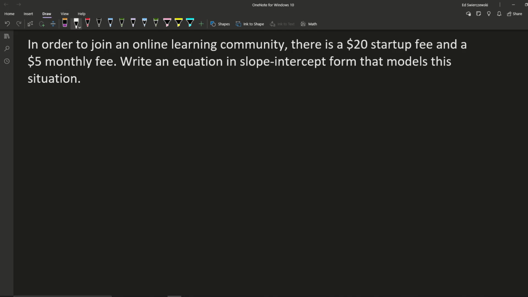All right, so this problem says, in order to join an online community or an online learning community, there is a $20 startup fee and a $5 monthly fee. Write an equation in slope-intercept form that models this situation.